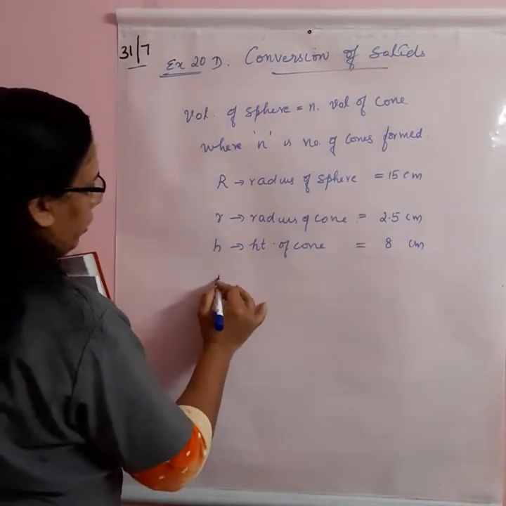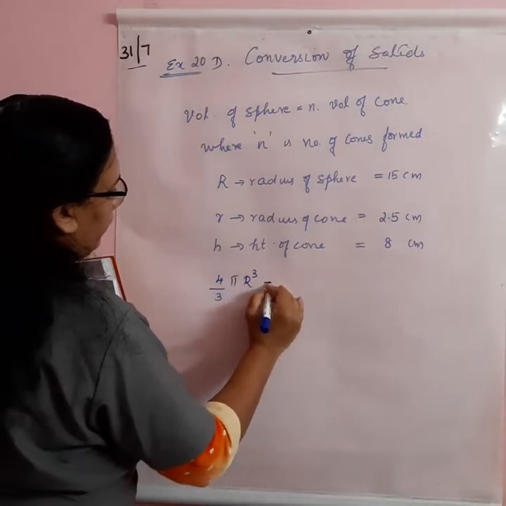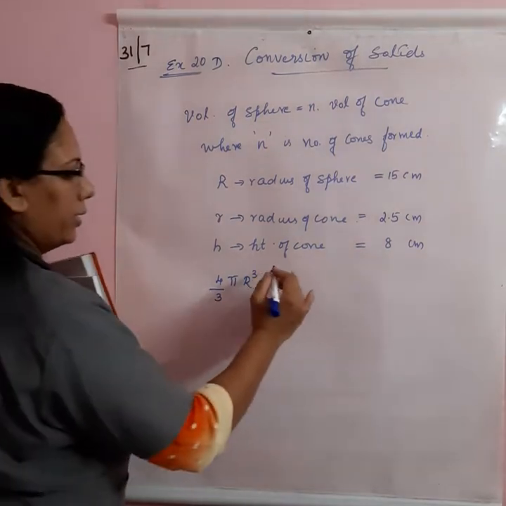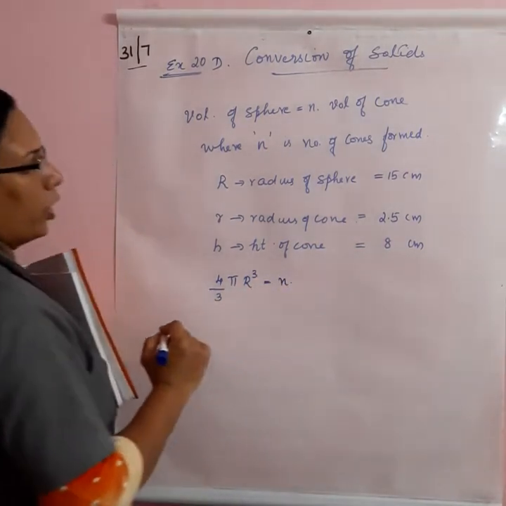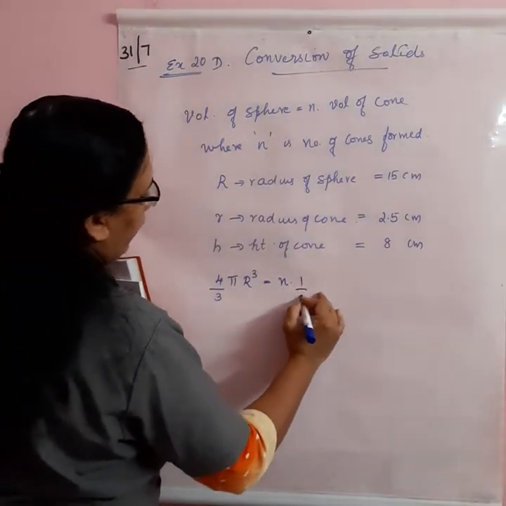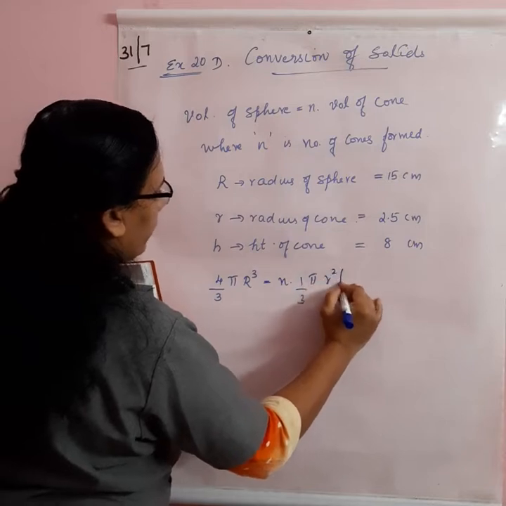Volume of the sphere is what? We have learned, 4 by 3 pi capital R cube will be equal to, after melting and recasting, the number of cones formed into the volume of one cone. What is the volume of one cone? 1 by 3 pi small r square h.